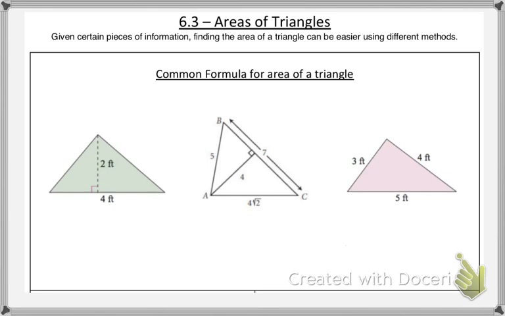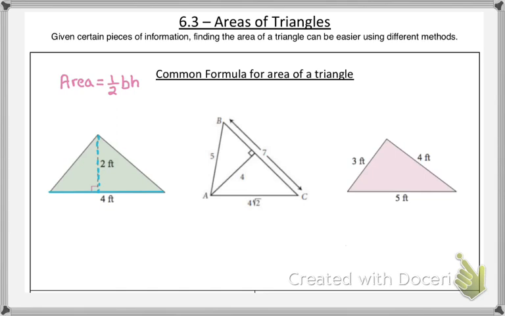The common formula for the area of a triangle, you might recall from geometry, is that the area is equal to 1/2 the base times the height of the triangle. And so if we look at the first triangle, we've got the base right here, and we've got the height as well. Remember, the base has to be perpendicular to the height, and the height has to be perpendicular to the base, and it has to form a right angle.